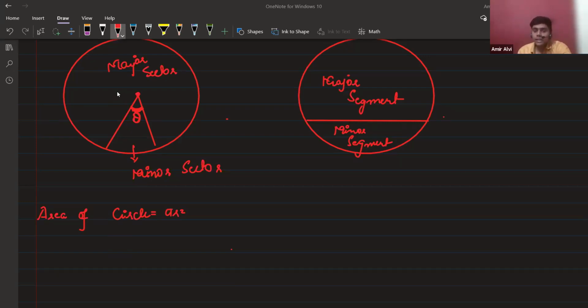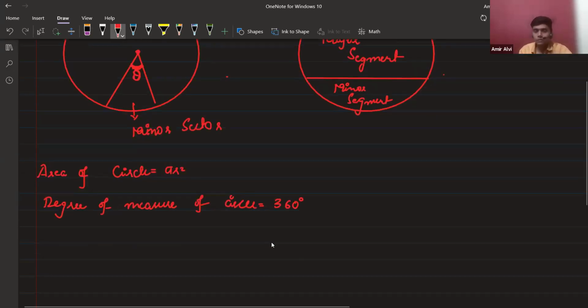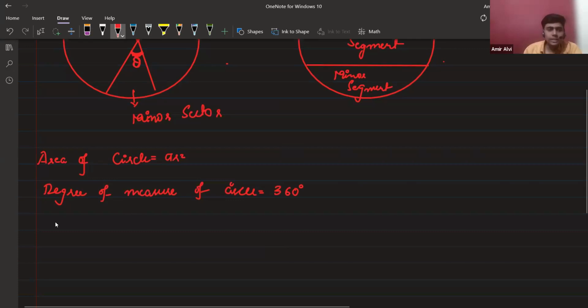Now, the degree measure of the angle of a circle is equal to 360 degrees.